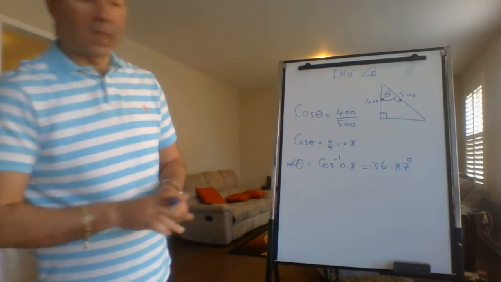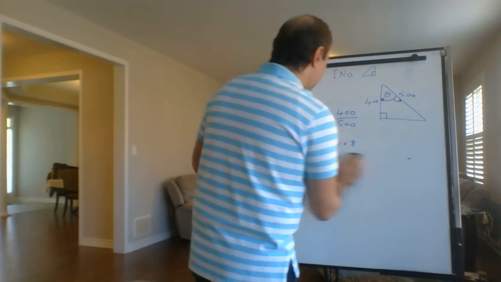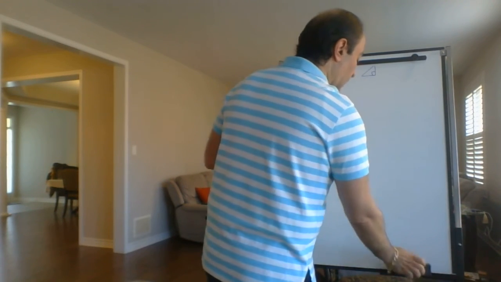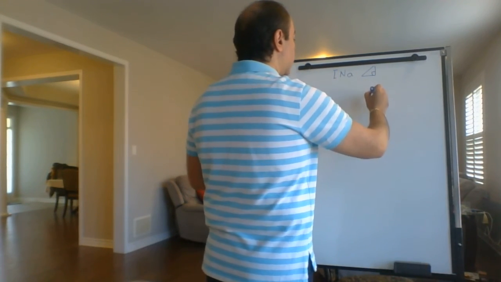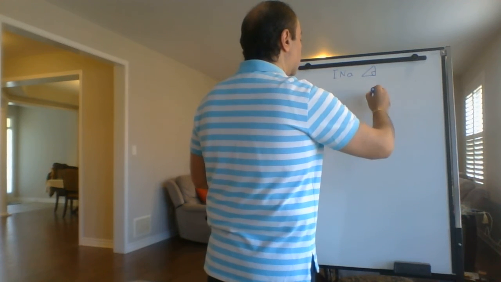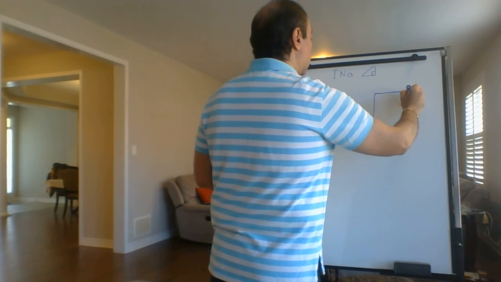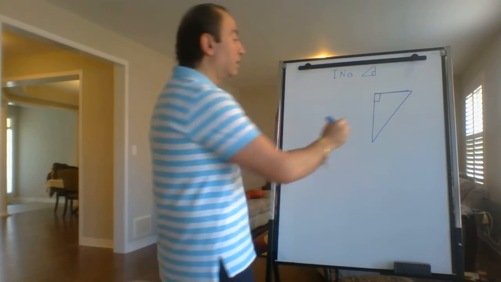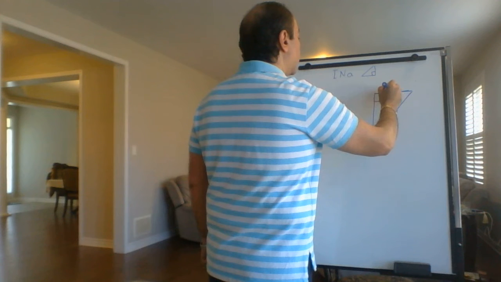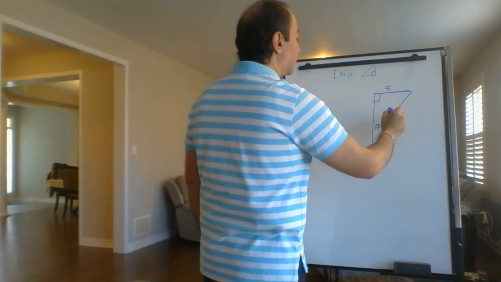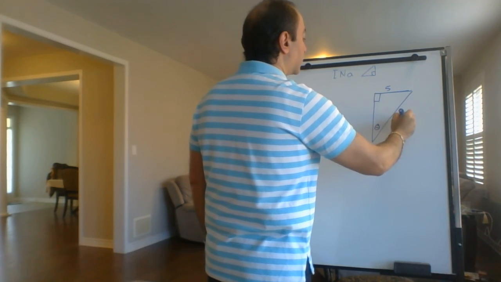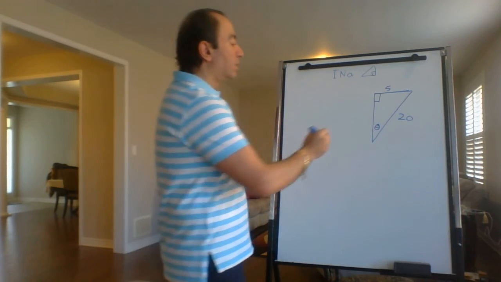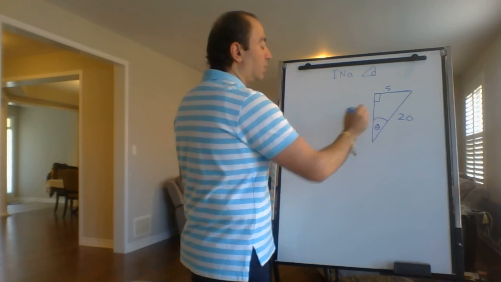Okay. Now another example. If I have a triangle like this, this is a 90 degree, and this is angle theta, and this is 5, and this is 20. Okay? When I look here, which ratio do I need to use to get theta?